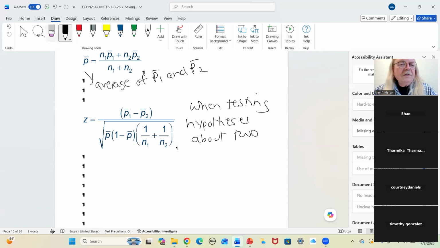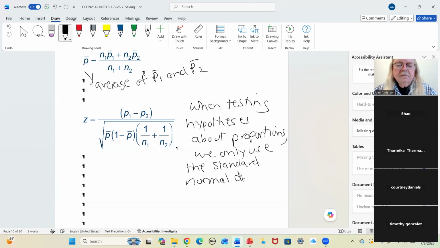I'm just going to write proportions, just in general, whether it's one or two. We only use the standard normal distribution, or z. All right, t would never show up in a case like this. So you don't have to make any decisions.